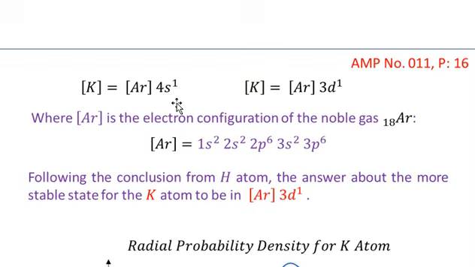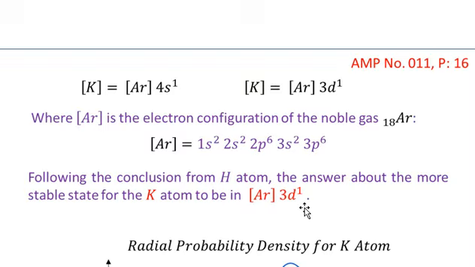This is what we want to determine, where argon is the noble gas with Z equal to 18, and has the electronic configuration 1s2, 2s2, 2p6, 3s2 and 3p6. Following the conclusion from the hydrogen atom, the answer about the more stable state for the potassium atom to be in is argon and the 3d1 state.